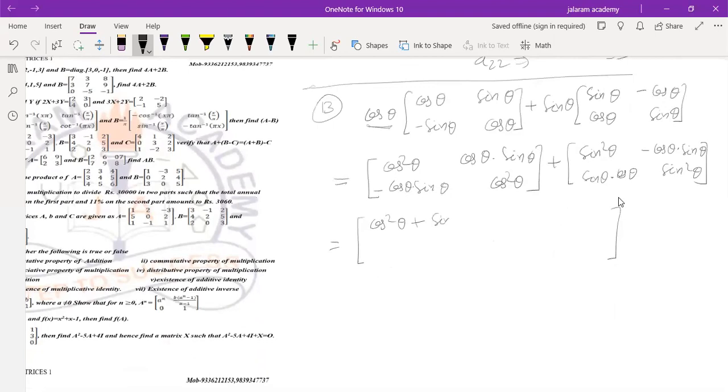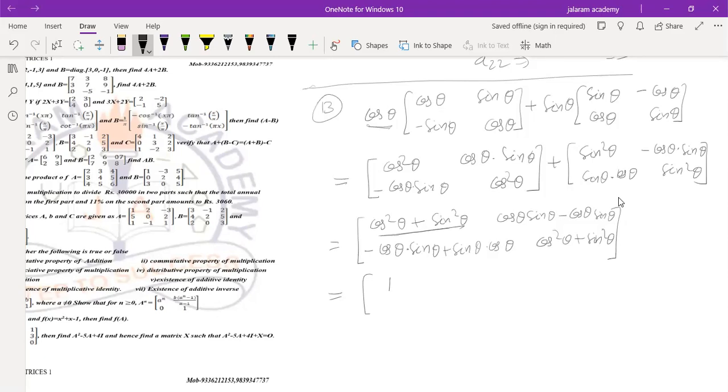A11 is added to A11 of the second matrix. So cos square theta plus sin square theta, the value of which is 1.